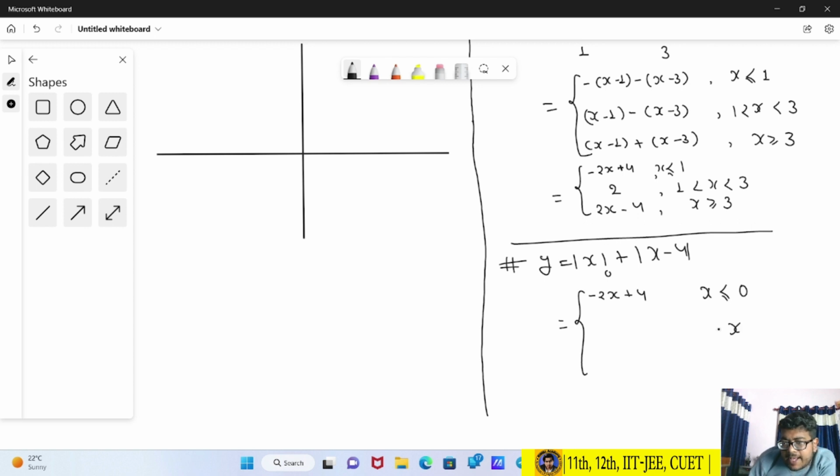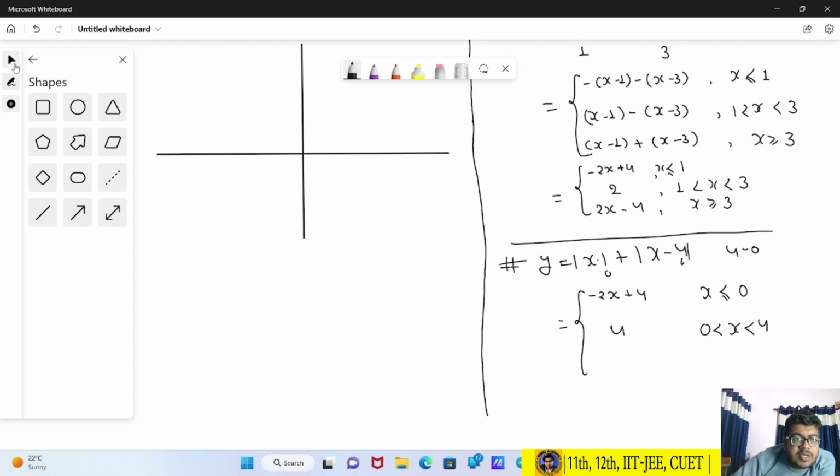Now x comes between 0 and 4, the turning points. So we take a value in between, say 2. It comes positive, and the middle term is 4 minus 0, so it comes 4.